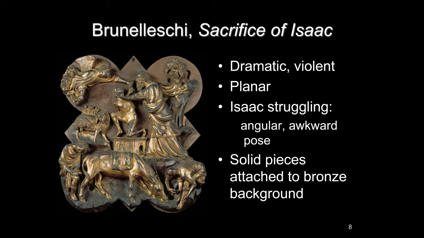And you'll notice that the angel is flying in profile. And Abraham also is a profile figure, pretty much on the same plane. Isaac has twisted around, so his torso is parallel to the picture plane, and so is his knee. The sheep's body is parallel to the picture plane, and then to give it a little bit more movement, the head is twisted around.